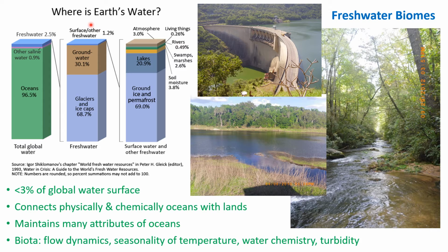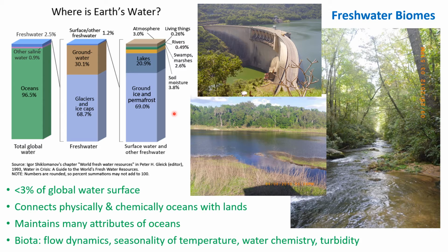Now let's break down that 1.2% of the freshwater budget that is likely available for biota and see where you find it. Out of that, slightly less than 70% actually exists as permafrost or ground ice. So it's near surface, it's not deep, but still it's in frozen permafrost conditions.